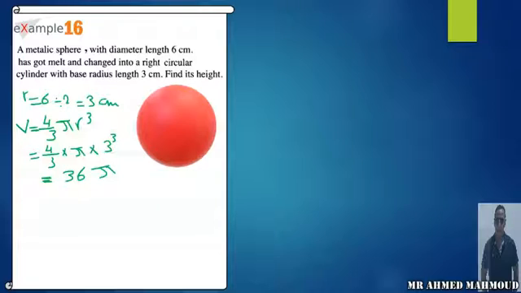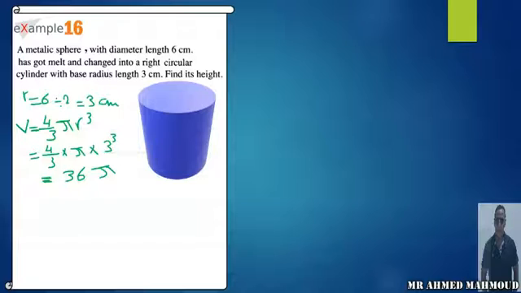Now this sphere has melted into a cylinder like this. What is common in the two cases is that the volume of the sphere is the same as the volume of the cylinder.